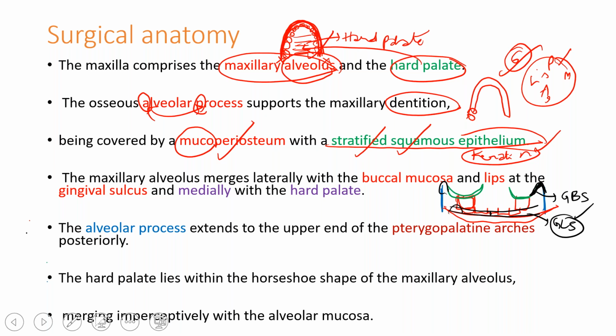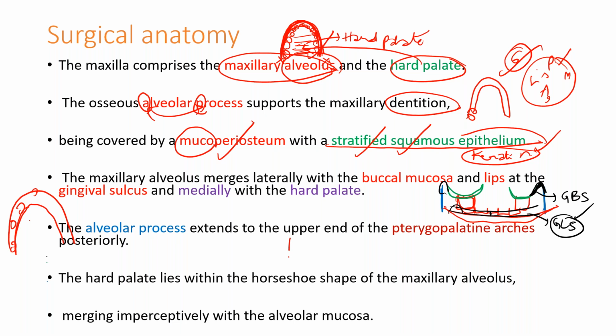Where does this alveolar process extend to? To the upper end of the pterygopalatine arches posteriorly. Taking the maxilla like this, the upper jaw, these are the alveolar processes where teeth are present, extending to the upper end of the pterygopalatine arches posteriorly.